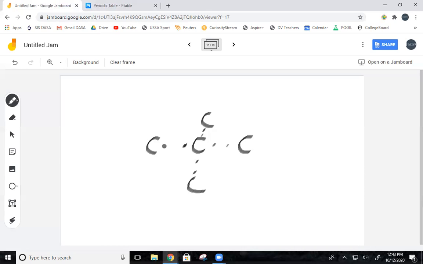Okay, so this is how you do Lewis dot structure for molecules. Carbons. And so if we do this, now the central carbon is very happy because it gets to pretend that it's a noble gas.